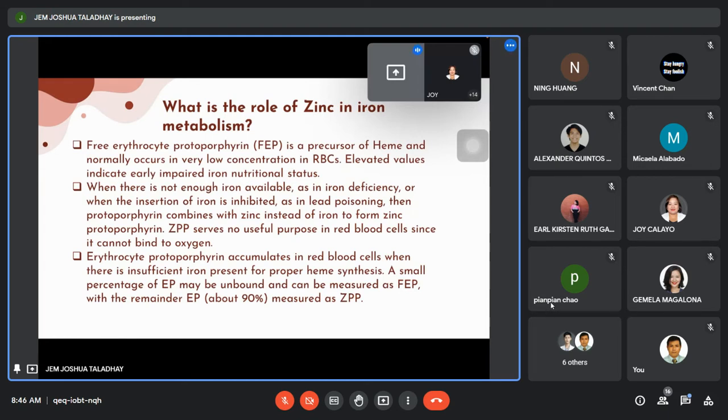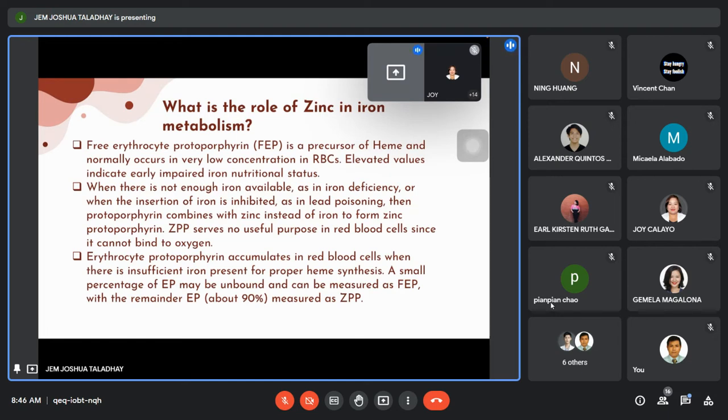FEP is the free erythrocyte protoporphyrin, and it is a precursor of heme, and normally it occurs at a very low concentration in RBCs. Therefore, an elevation of such might indicate early impairment of iron nutritional status.